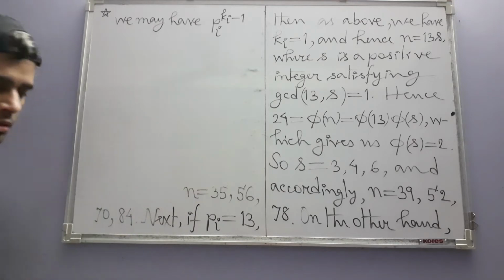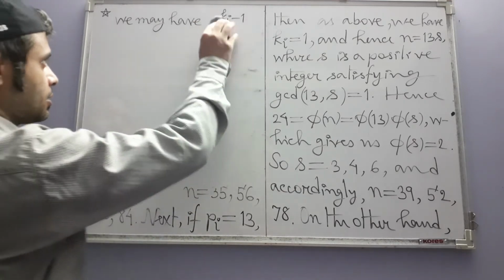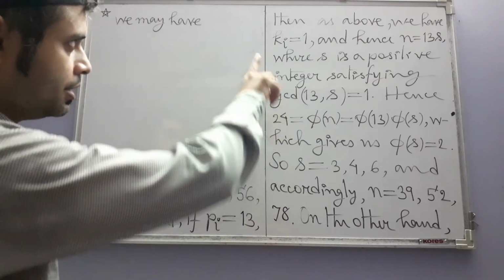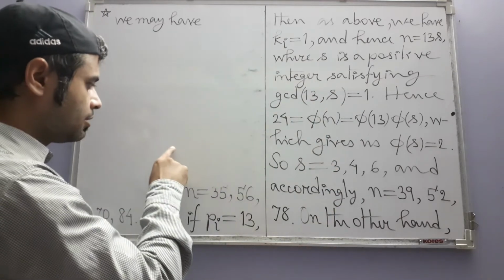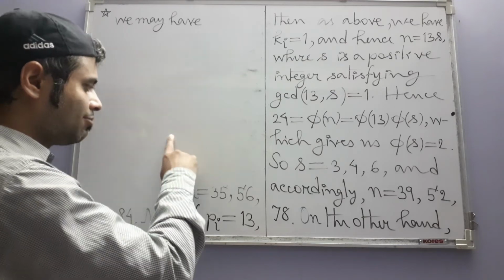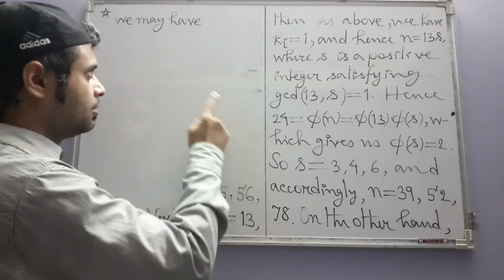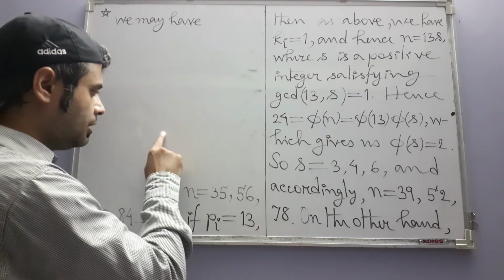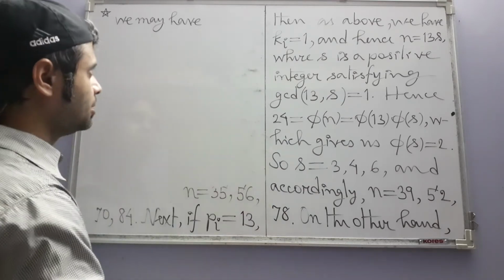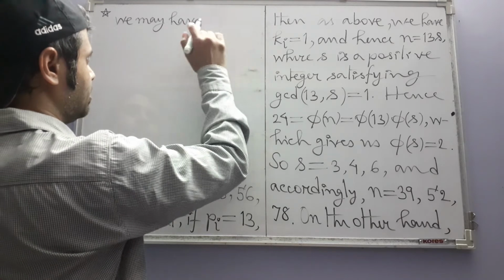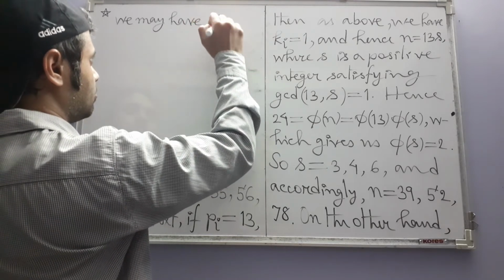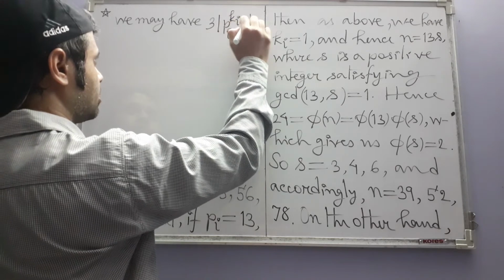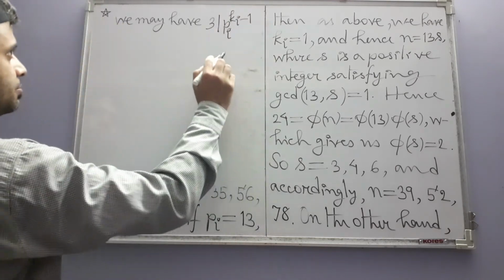Let us go logically, because we obtain these cases by considering the fact that 3 divides some pi minus 1. Now we are going to consider the case where 3 divides some power of pi, the power of pi that is available. So first the division comes and then equality comes.